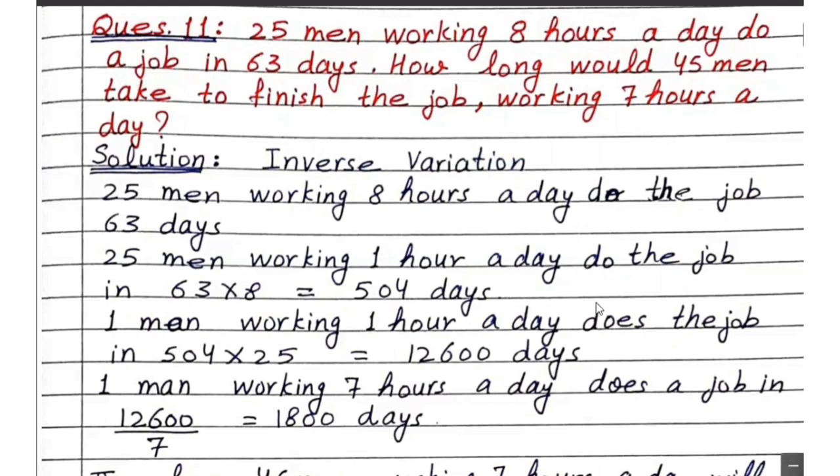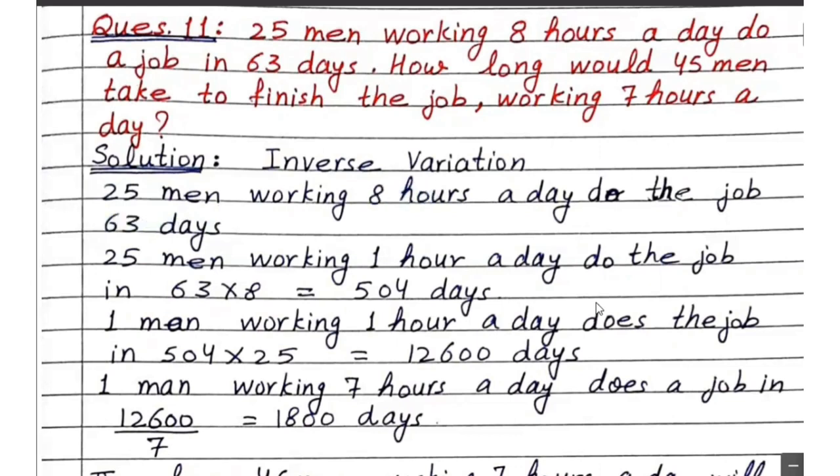Now, 25 men working 8 hours a day can do a job in 63 days. So 25 men, 8 hours and 63 days.